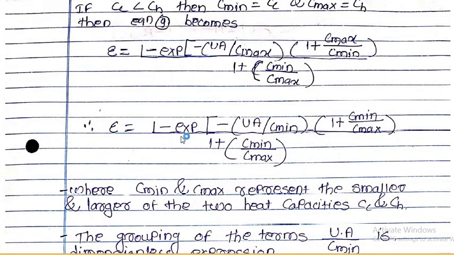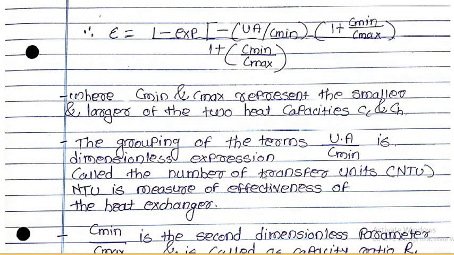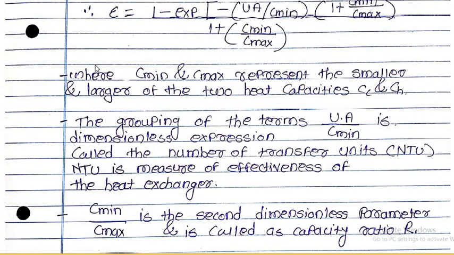So effectiveness is equal to 1 minus exponential into bracket minus U multiply by A divided by C minimum into bracket 1 plus C minimum divided by C max, bracket complete, square bracket complete, whole divided by 1 plus C minimum divided by C max, okay. So here we have to consider these points where C minimum and C max represent the smaller and larger of the two heat capacities, that is Cc and Ch.